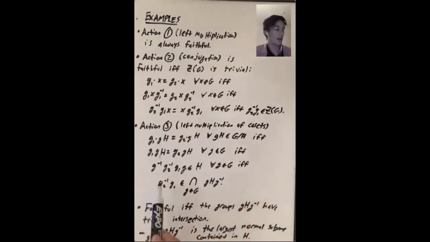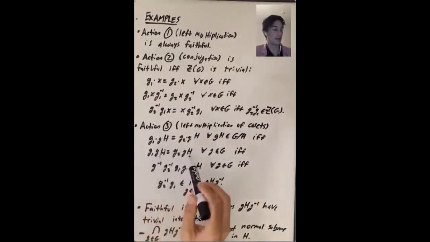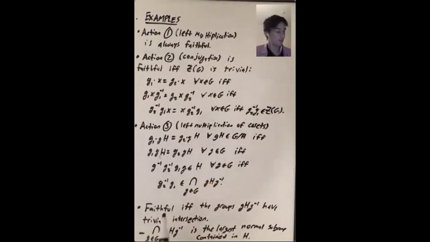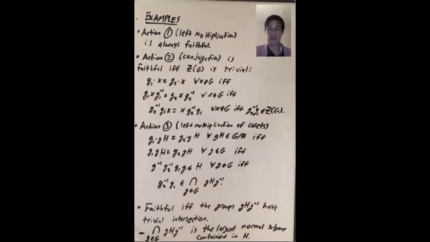So, okay, what does it mean for the left coset of H containing g1 times g to be the left coset of H containing g2 times g for all g in the group? Well, we have a condition for when two left cosets are equal. You can phrase this as saying g inverse g2 inverse g1 g is always in H for every g in G. Okay, so what does that mean?